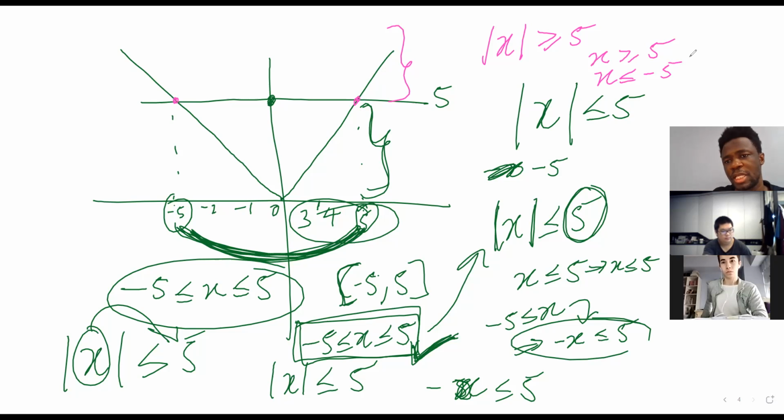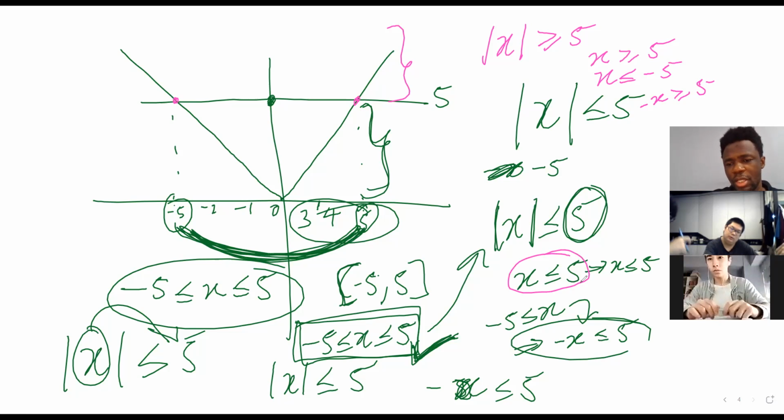Which means either x is greater than 5 or minus x is greater than 5. You see, there are two things here. Either your x is less than or equal to 5 or the negation of x is less than or equal to 5, same direction.